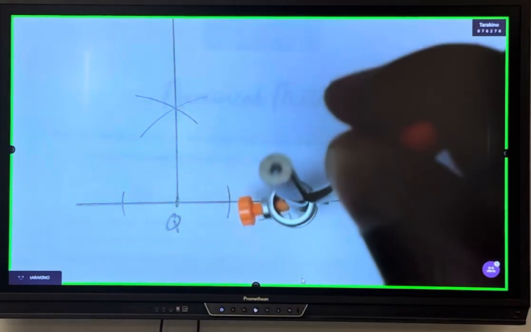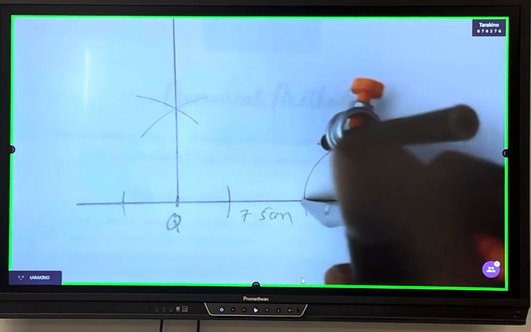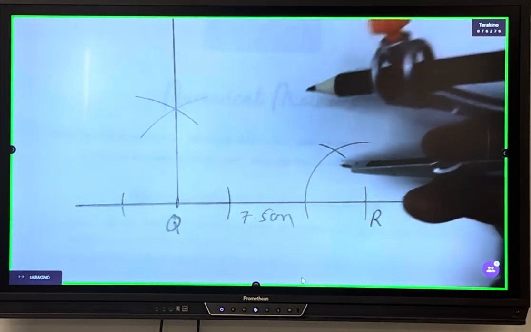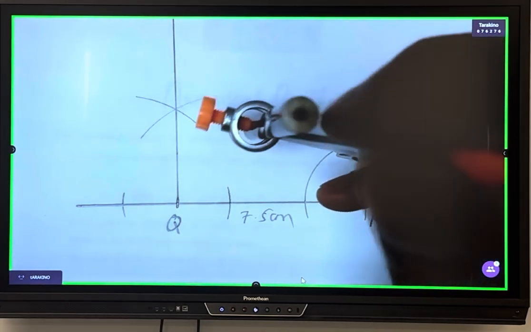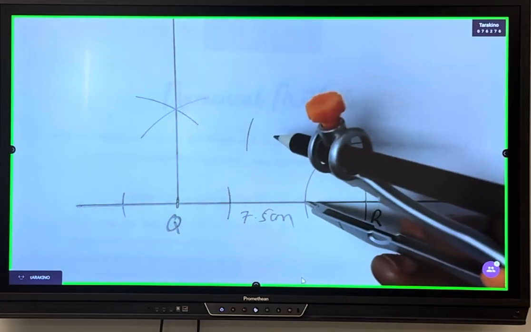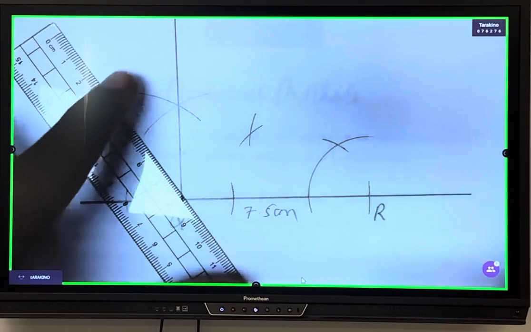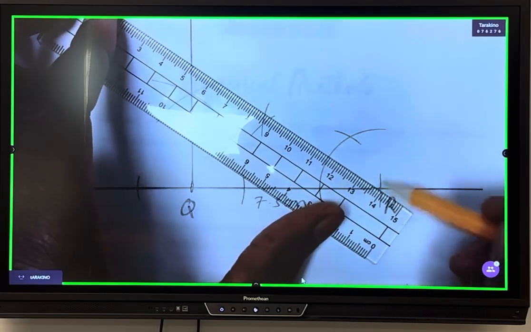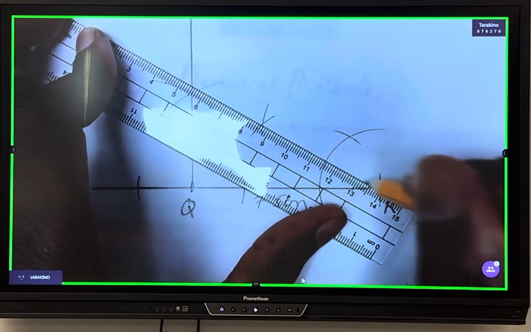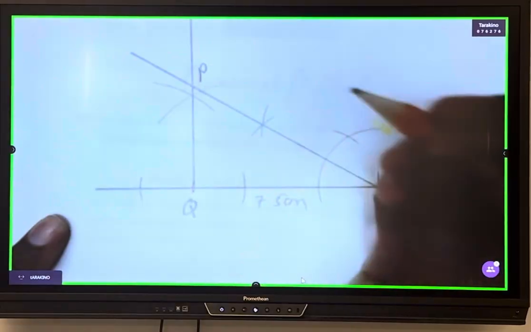So my 60 from inside is here. To bisect this, you just have to open a suitable radius. You draw the first arc, then you come here and draw another arc. Now you join the R and the intersection of the arcs. Done, that's where your P is.